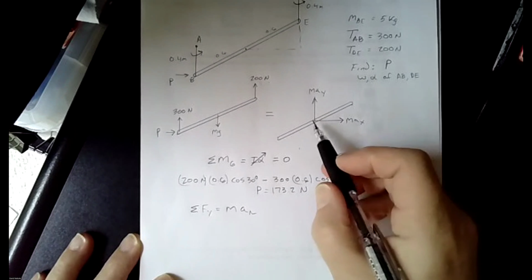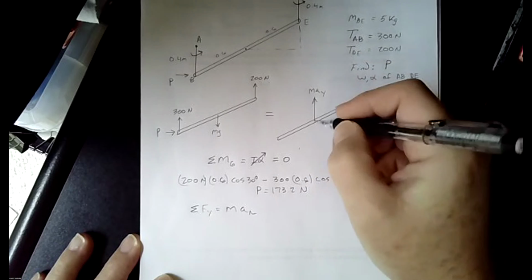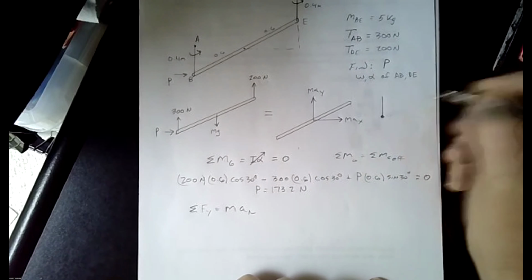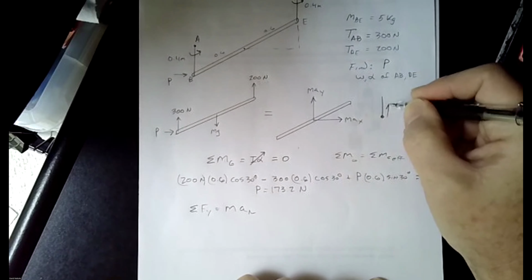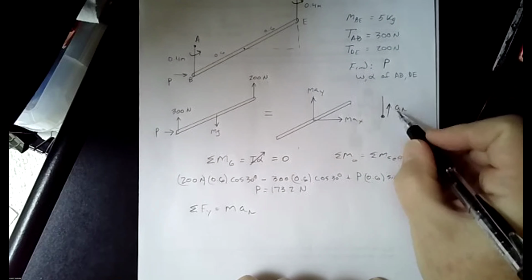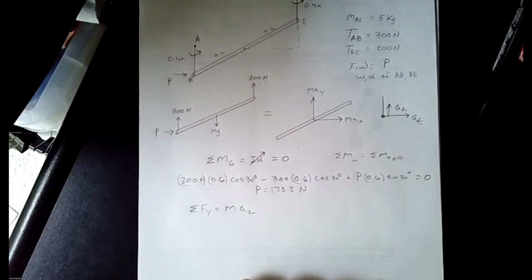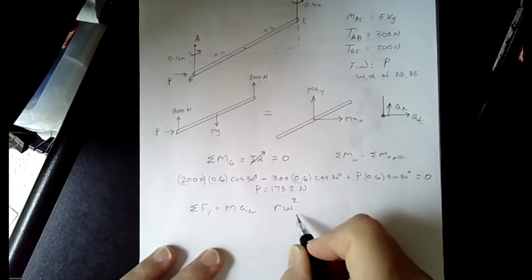Because this is MAX, MAY, but from the perspective of the cable, the cable's moving, so this acceleration going up is a normal. This acceleration going that way is a tangential. Well, what do we know about a normal? It's the same as r omega squared, isn't it?